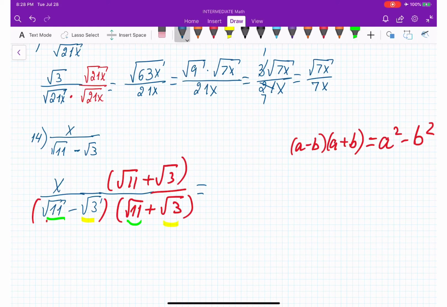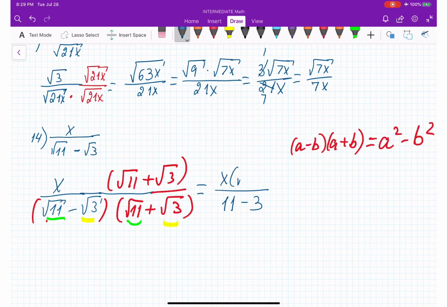So at the bottom I'm going to have a squared, square root 11 times square root 11, it's going to be a squared, which is clean, a will come out, which is 11. And then minus b squared, which is square root 3 times square root 3 squared. It's going to be clean, 3 will come out. And in numerator, I will have the same thing.